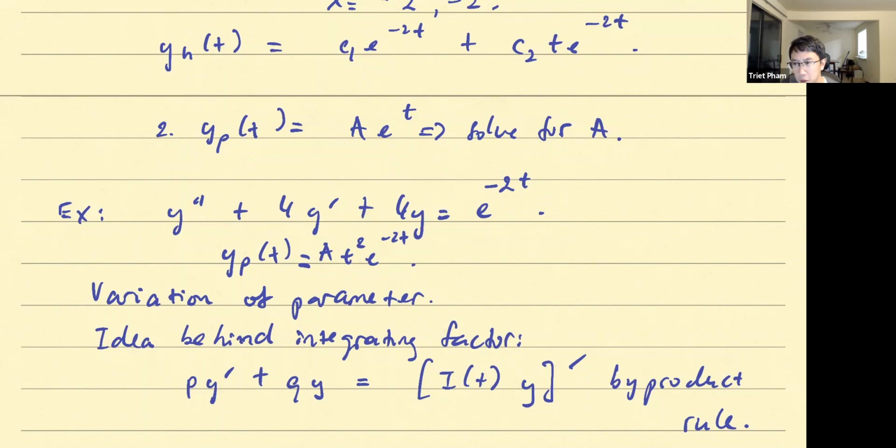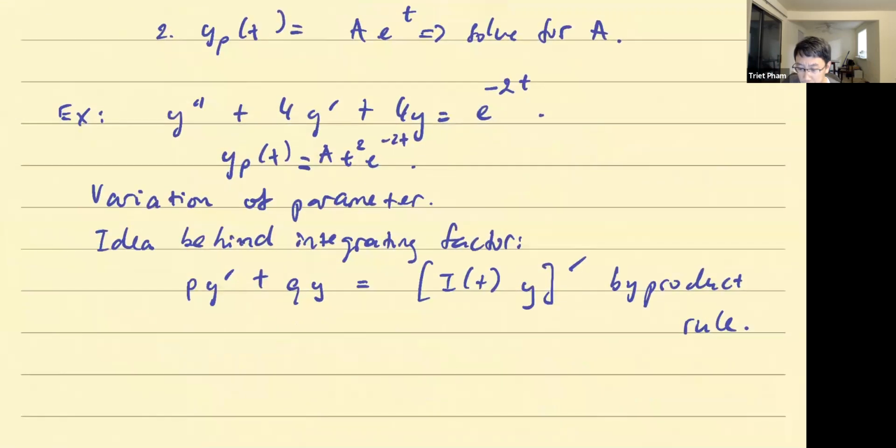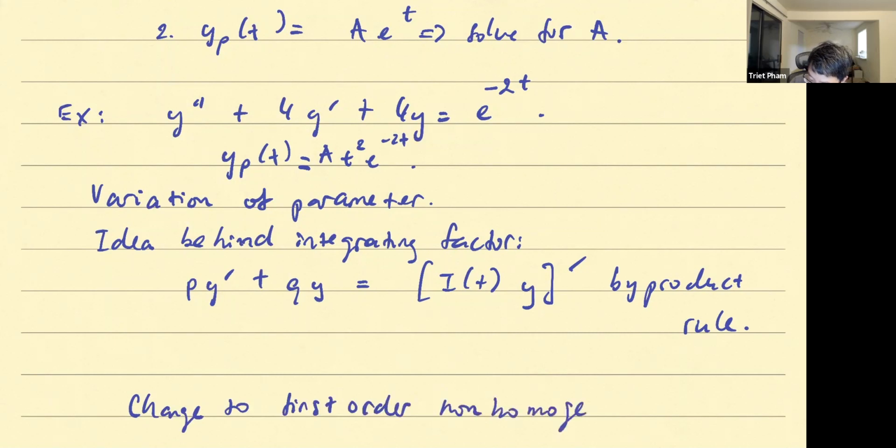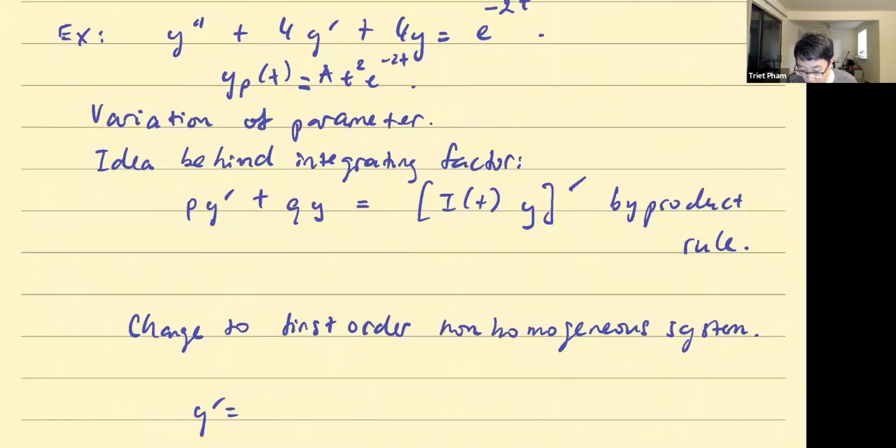No. What substitute for what? Oh yeah, exactly. You can change the system, exactly. You can change it to a first order non-homogeneous system. And then you remember, you've got y prime equals ay plus some f of t.